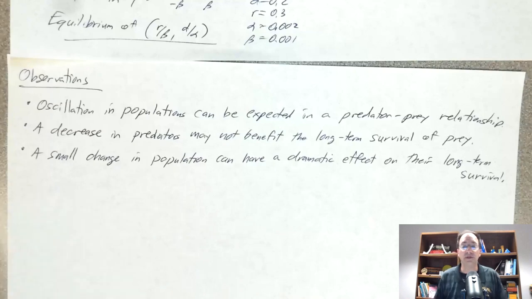First of all, oscillation is expected, or can be expected. Now, we're not guaranteed that our model is correct, but this is just what our particular model predicts. And so if we observe this in nature, then we can say that perhaps our model has some validity to it.